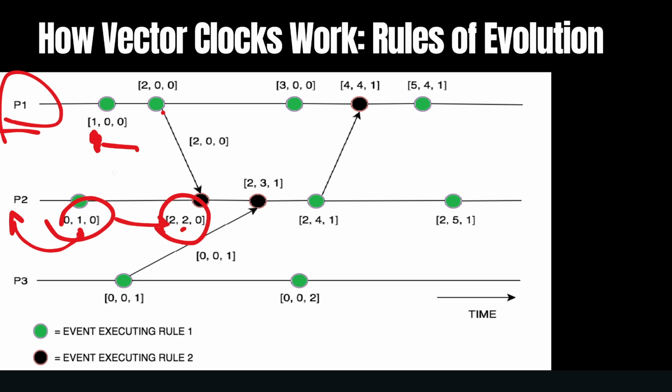Event A and event B are concurrent if neither VCA is less than VCB, nor VCB is less than VCA. If they equal each other, they are also concurrent. Okay.